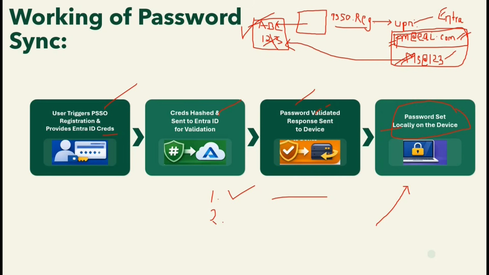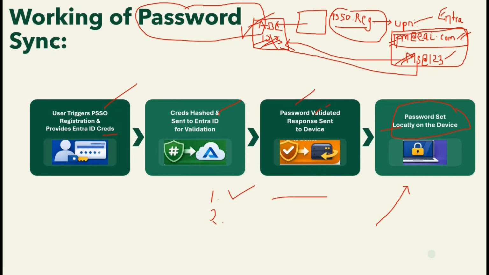But you no longer have to remember this password, because after the device underwent PSSO registration using the password sync option, the password of the UPN syncs in with the password of the local account. Therefore, this password and this password now become the same. 123 no longer exists. The same password is now present over here.